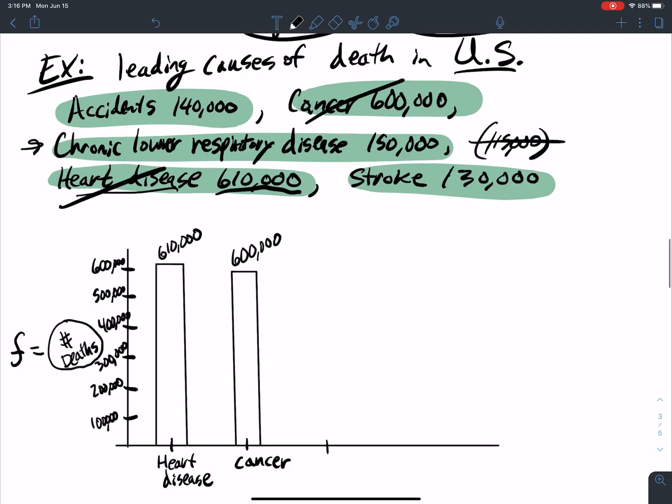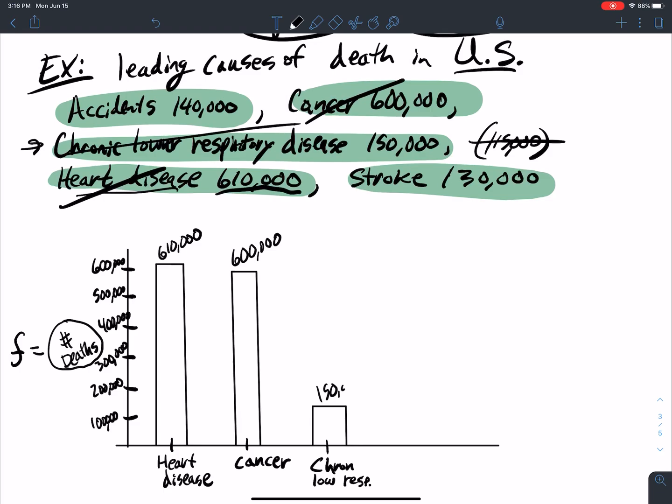The next biggest one looks like the chronic lower respiratory. I'm going to abbreviate it as low resp. As long as I can understand what you're trying to say there, that's all right. 150,000, so not that high relatively speaking, compared to the first two.